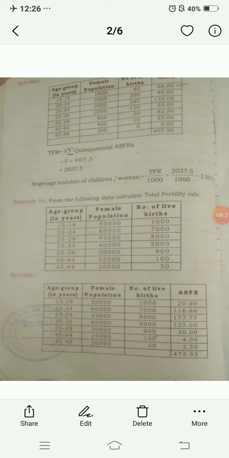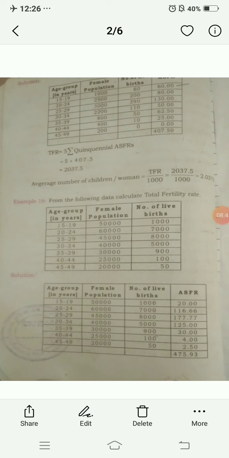Next you need to calculate the number of children per woman. Per woman means only one woman. You calculate the average number of children per woman by using the formula TFR, total fertility rate, divided by 1000.